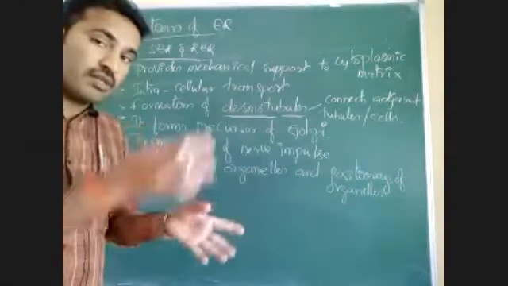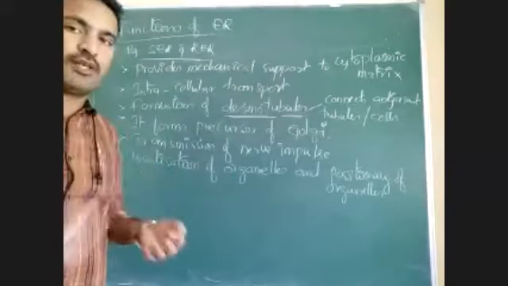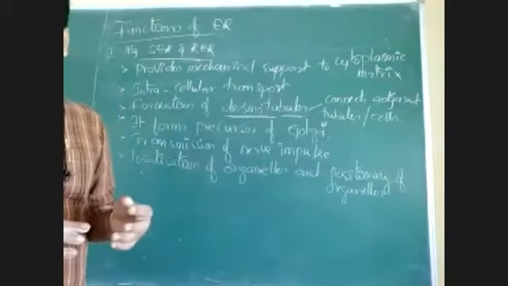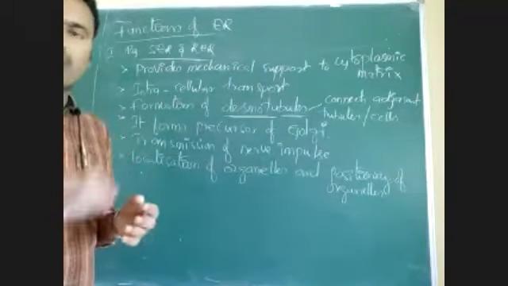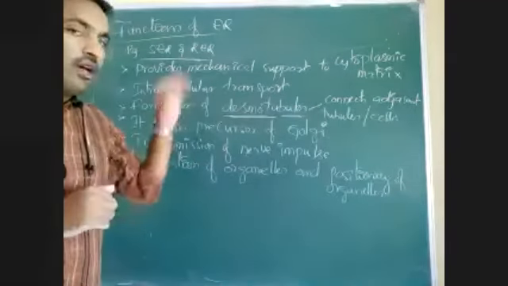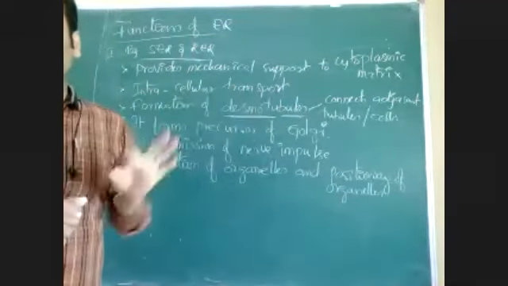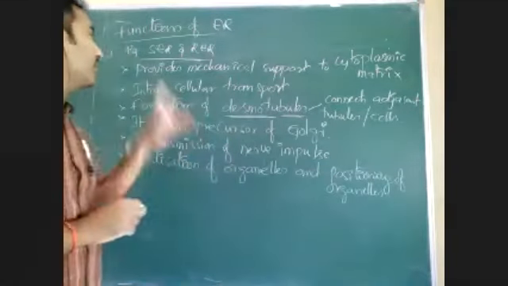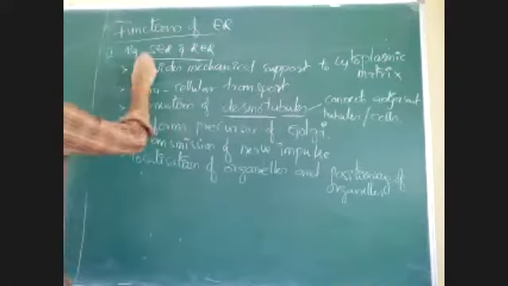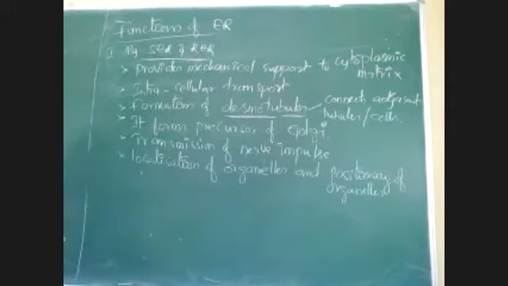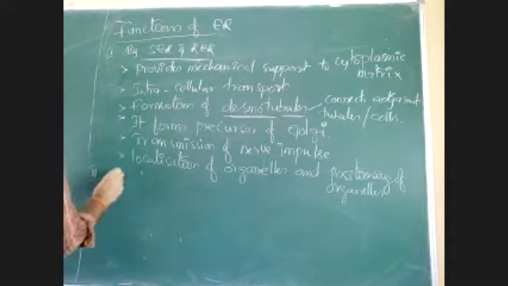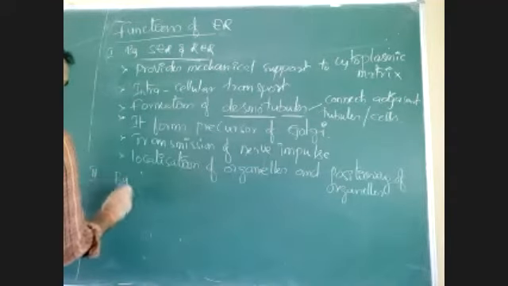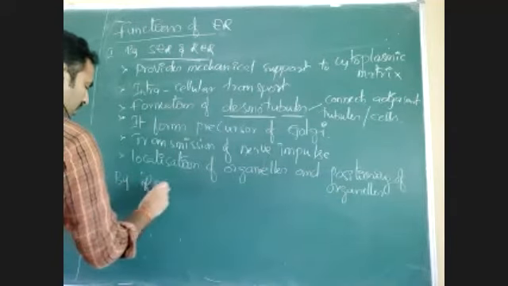Endoplasmic reticulum runs throughout the cytoplasm. So as it is present throughout the cytoplasm, where the vacuole should be located, where another organelle should be located, that is decided by the endoplasmic reticulum, by both RER and SER.